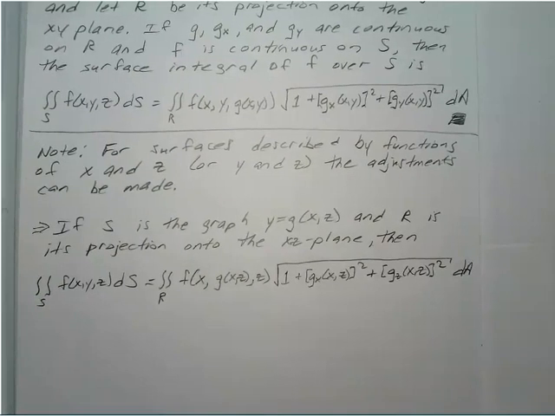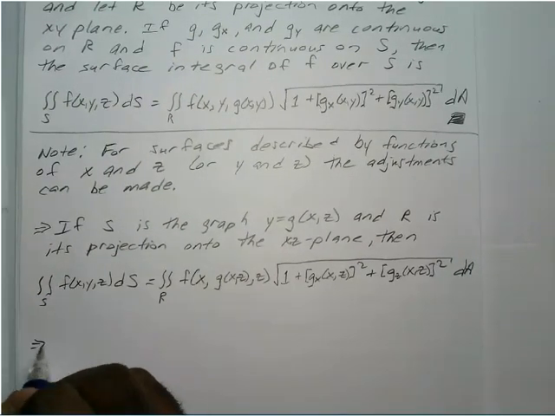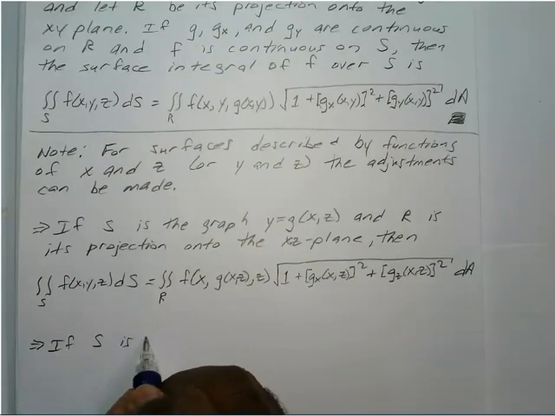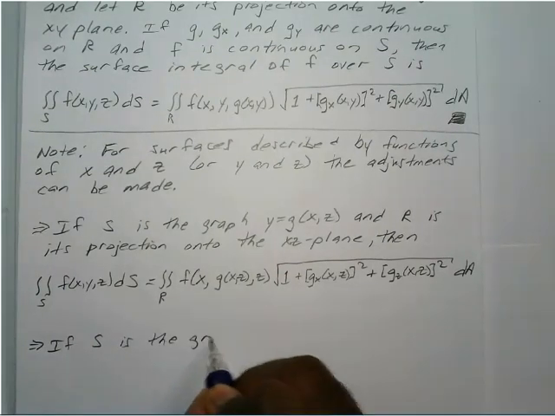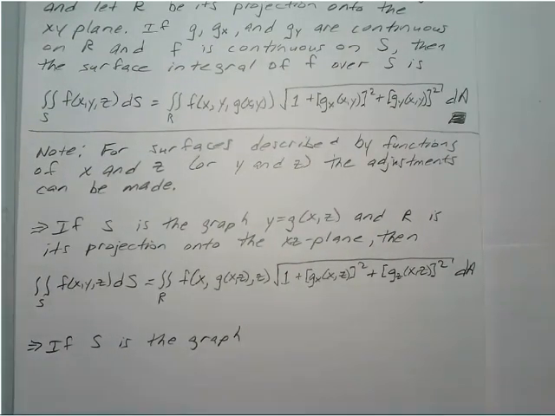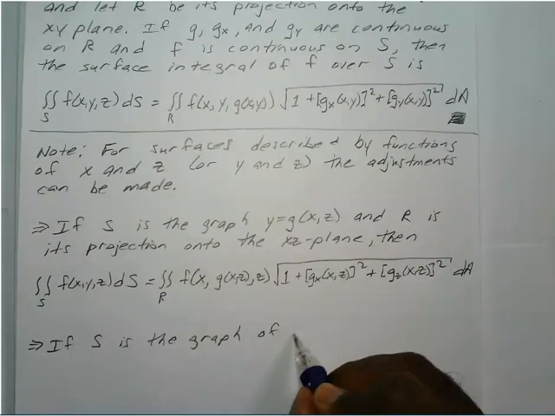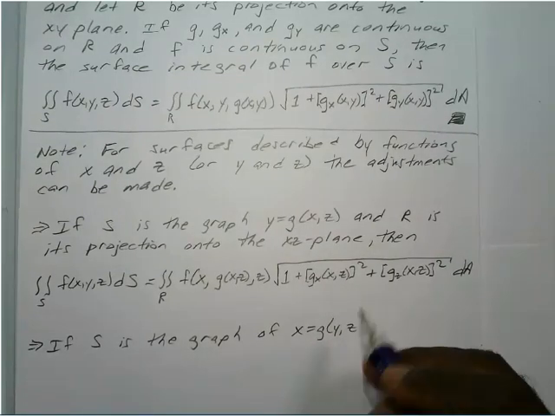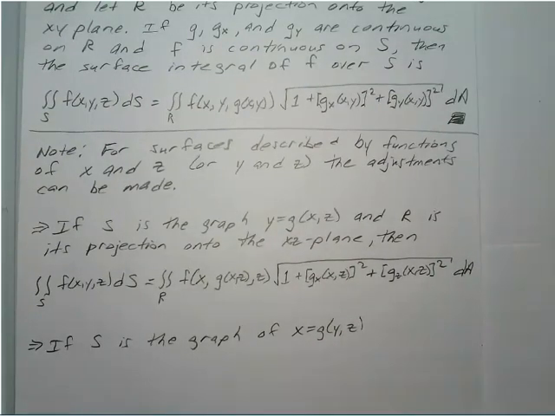Okay. Now also, let's say the surface is the graph of x equals g of y, z. Okay, so it's on the yz plane.